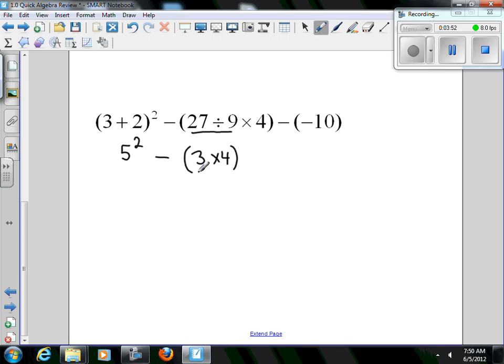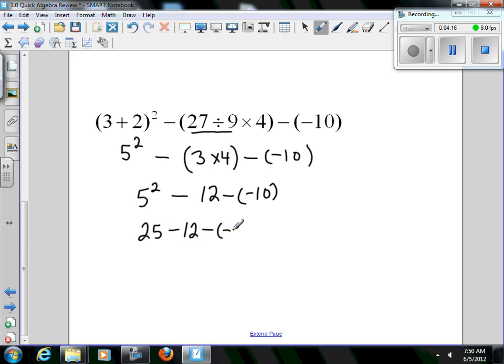We still have parentheses since we aren't down to one number yet. So let's finish up the parentheses. 3 times 4 is 12. Bring down everything else. Now we have exponents, subtraction, and subtraction. Exponents comes first, so 5 to the second is 25, minus 12 minus negative 10.